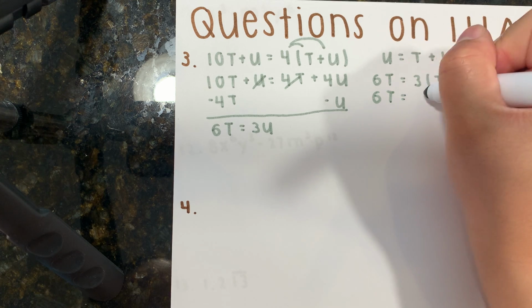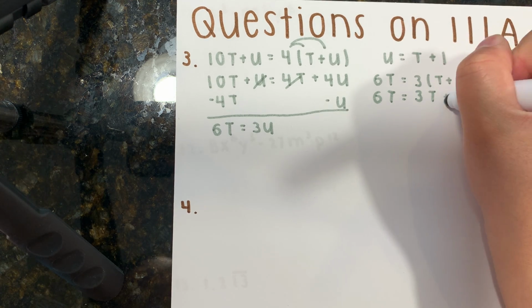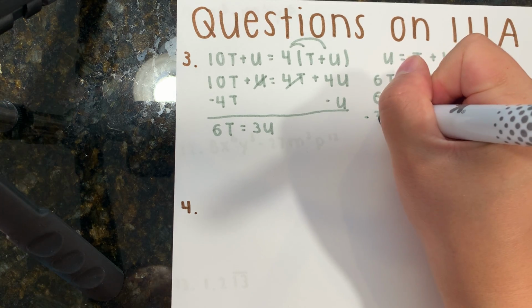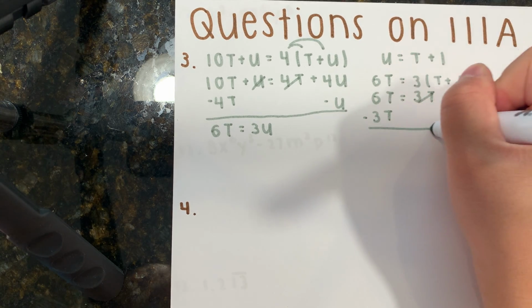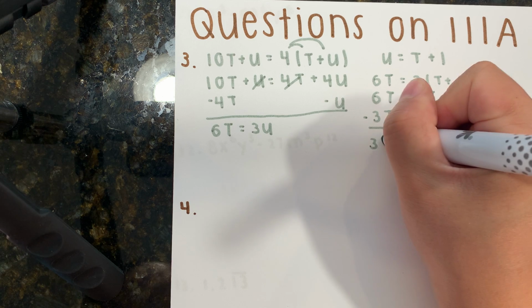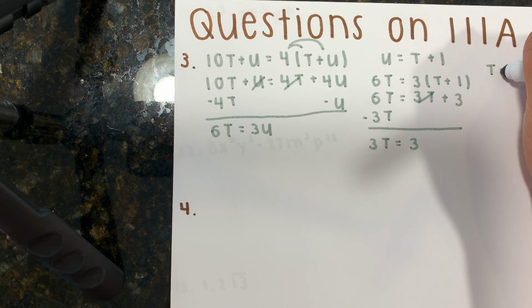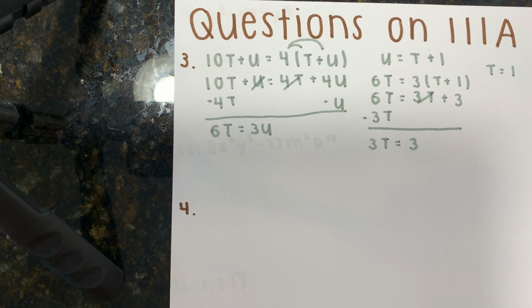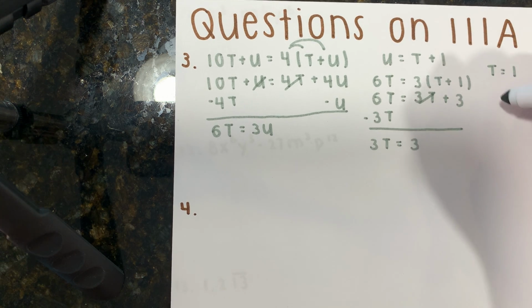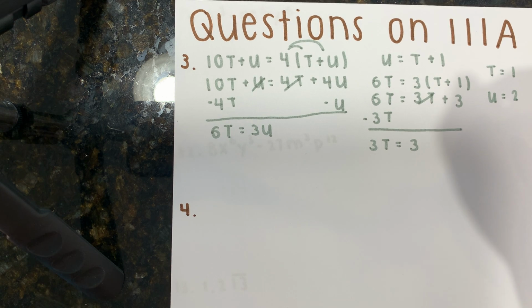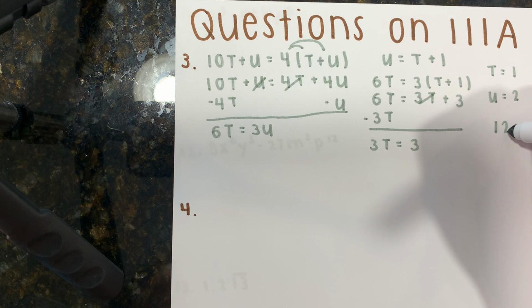So 6t equals 3t plus 3. Subtract the 3t. So I get 3t is equal to 3. So that means my t is going to be equal to 1. Now, if t is equal to 1, then my u is going to be equal to 2. And it says, what is the number? Well, the number would be 12.